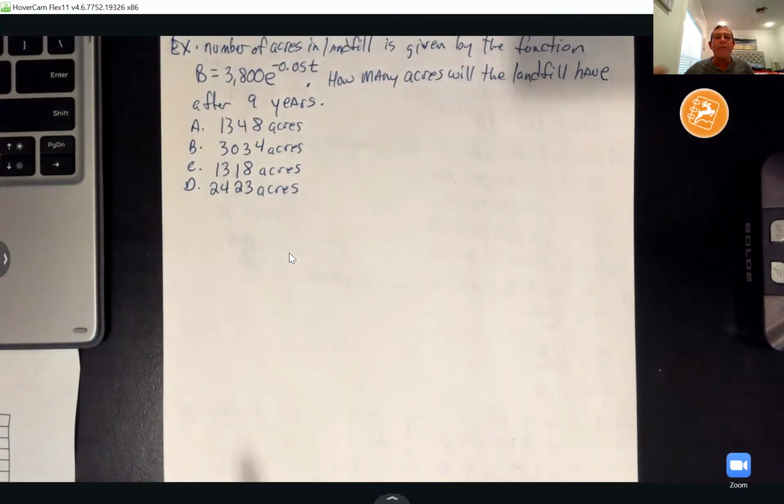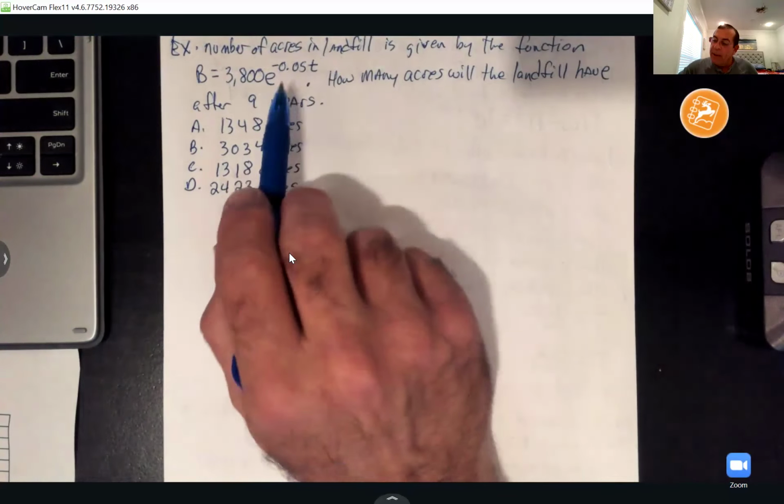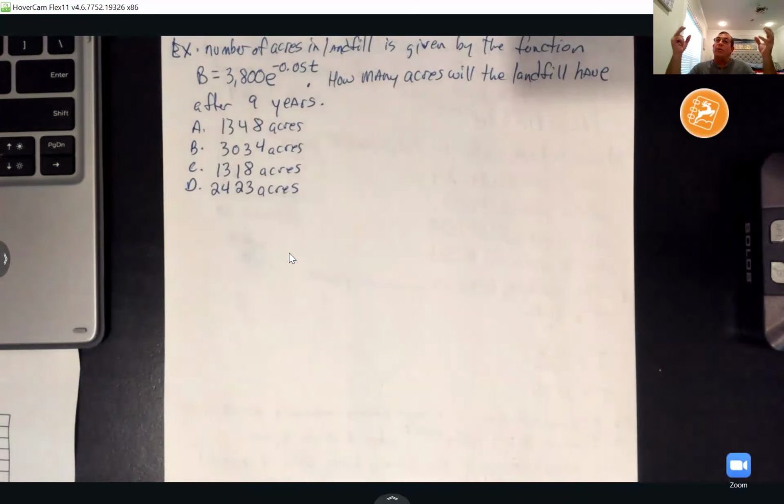All right, y'all. So tell me, after 9 years, how many acres will my landfill have? And since that's a negative there, we know it's going to go down on this one, okay?